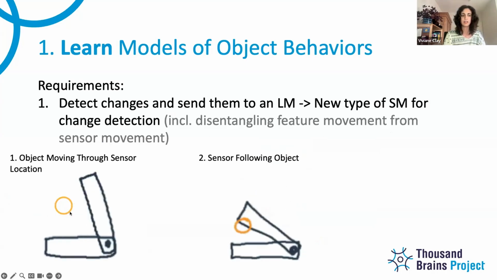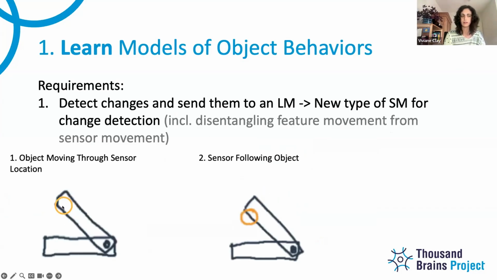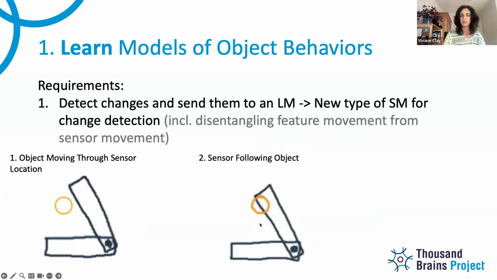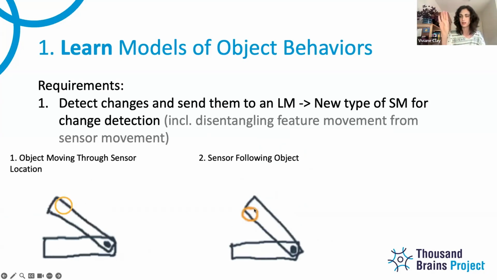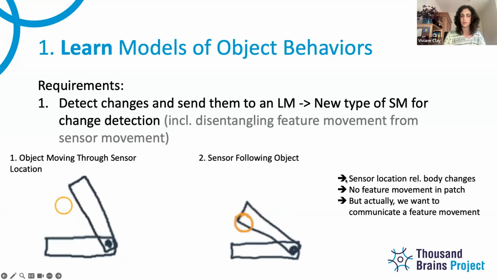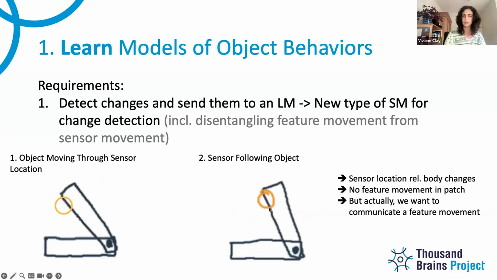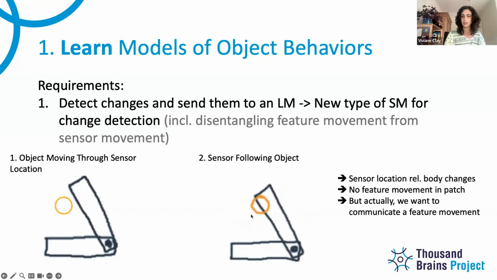So it's easy in the case where the patch is not moving and it's just detecting that something is moving through the patch. But if the sensor is actually following the object, then the sensor location relative to the body is changing, but there's actually no feature movement within the patch.